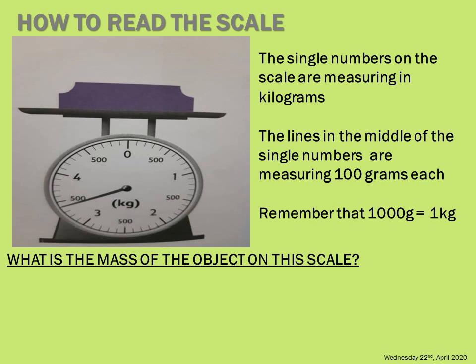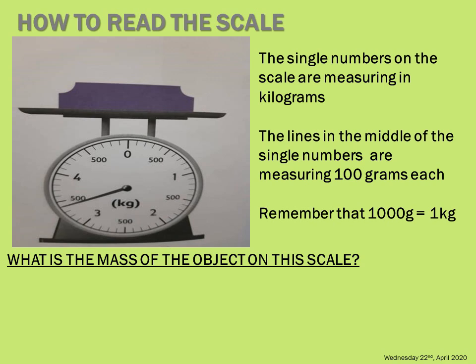You have number 1. Can you see that? Number 2, 3, and 4. Those single numbers are kilograms. Okay, so that 1 is 1 kilogram, 2 is 2 kilograms, 3 is 3 kilograms, and 4 is 4 kilograms. Now, remember also that the lines in the middle are measuring in grams.